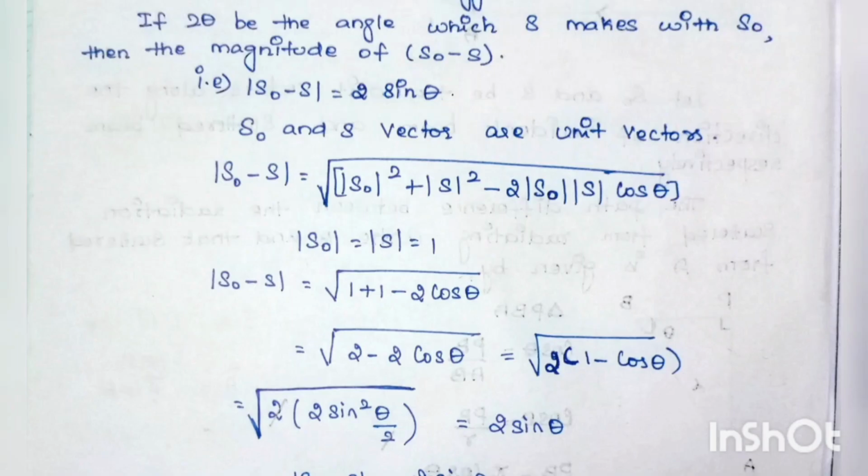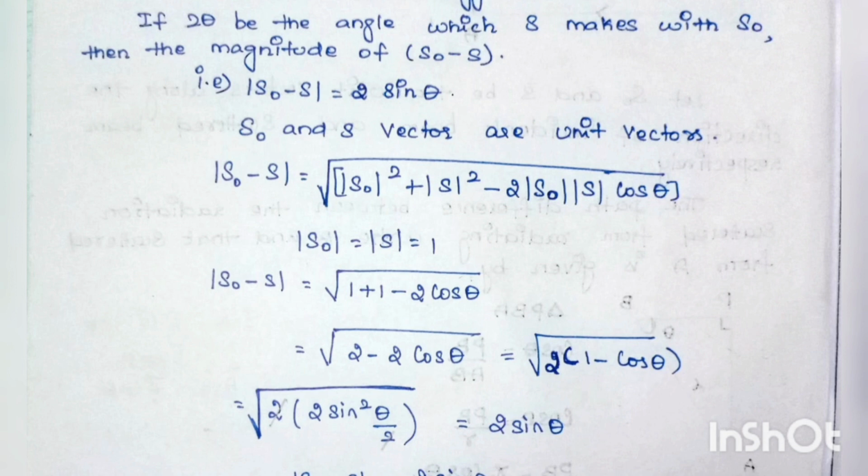Now we can use the vector formula, modulus of A minus B is equal to square root of A square plus B square minus 2AB cos theta. In the place of A and B, we use S naught and S, the incident and scattered beam, so modulus of S naught minus S is equal to square root of modulus of S naught square plus S square minus 2 S naught into S cos theta.